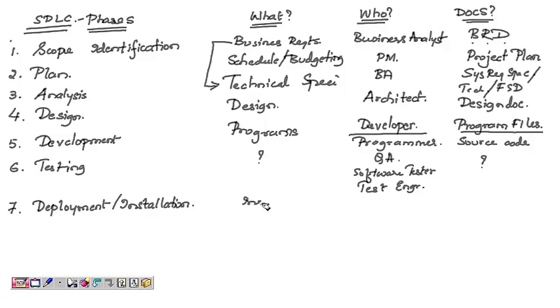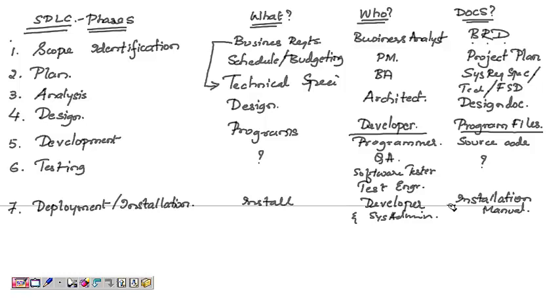You do the installation. Who does it? It will be done by the developers, obviously, with the help of the system admin. And the document that we prepare here, we call it installation manual, which will contain all the steps to install the software, system specification or the system requirements.